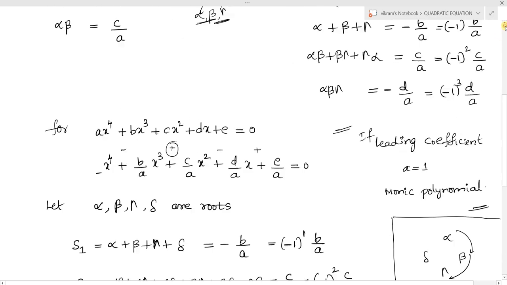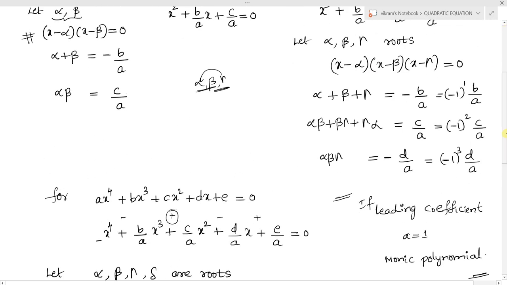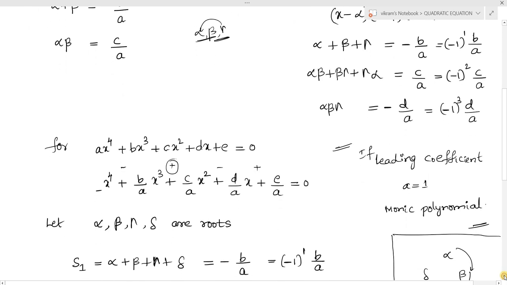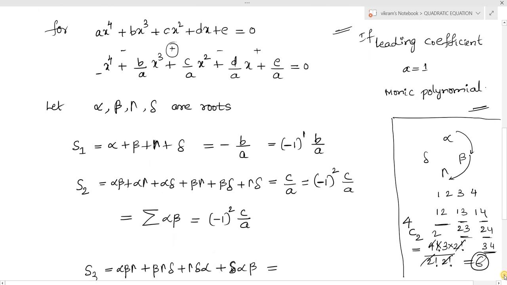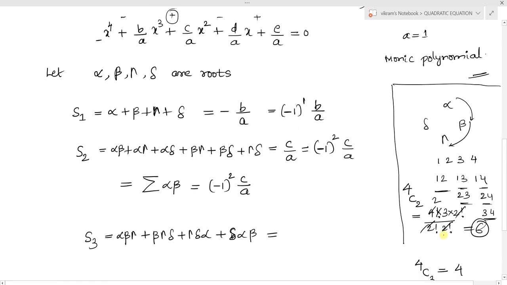So what is our equation? We have x power 4, and C by A is done. Next, 3 roots means D by A, and the signs alternate: plus minus plus minus.